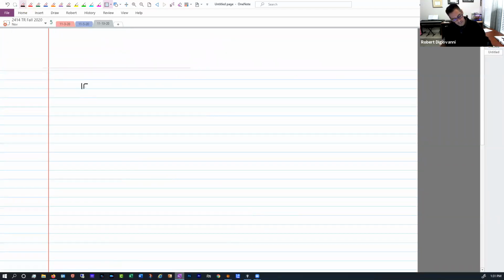Okay, if S sub n converges to some number S, okay? If that new sequence we just found converges to some value S, then we say S is the sum of the infinite series.